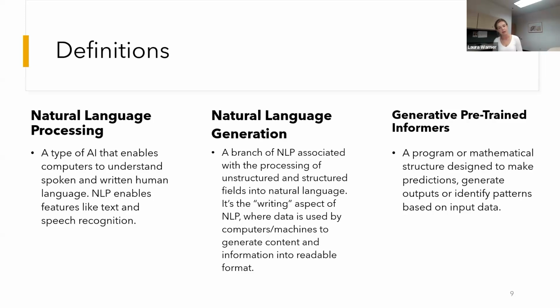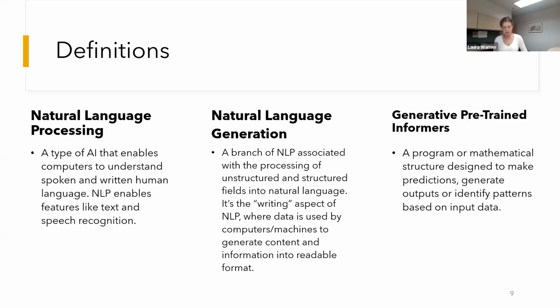And you might also hear about NLG. That's a branch of NLP. It's natural language generation, and it's associated with the processing of structured and unstructured fields into natural language. So that's the writing element of NLP. So when it's writing back to you and responding to you.